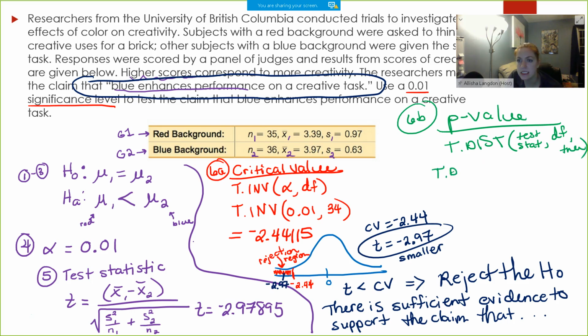So t.dist, and our test statistic is negative 2.97. We'll just use the cell reference so we don't have to rewrite it. We've already determined the degrees of freedom is 34, and true. So let's plug it in.